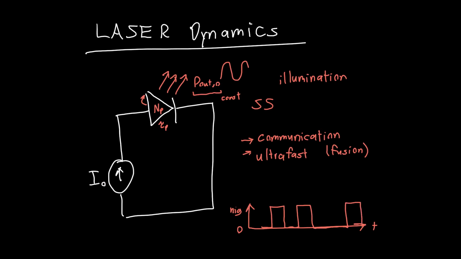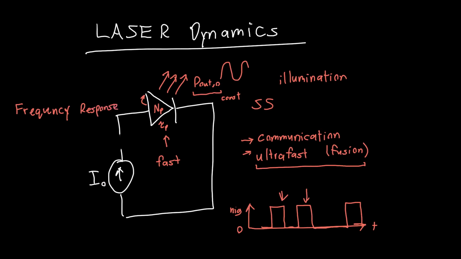And we engineers, we're greedy, so we want to make this laser go as fast as humanly possible. We want to transmit as much information as we can, or pack as much energy as possible into a very short time period. And so to do that, we need to understand how fast this laser can operate. And that's given by its frequency response.